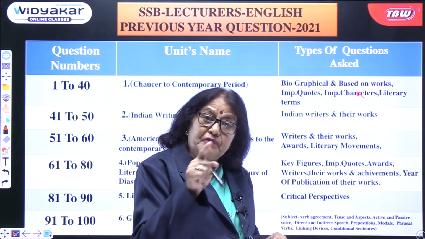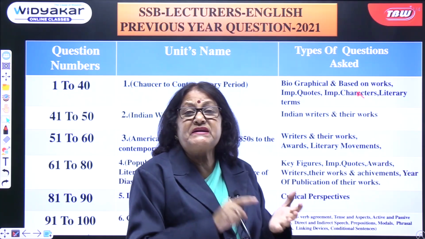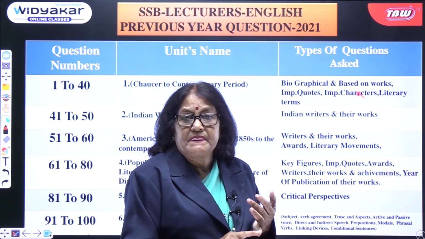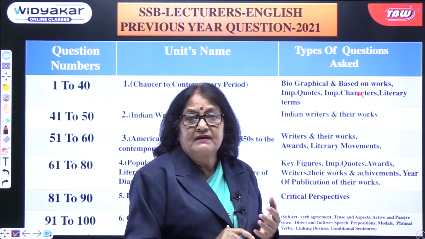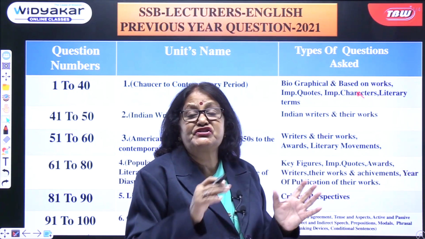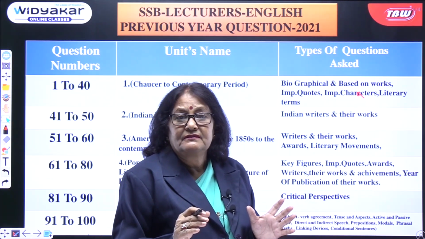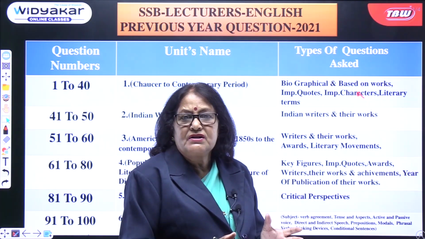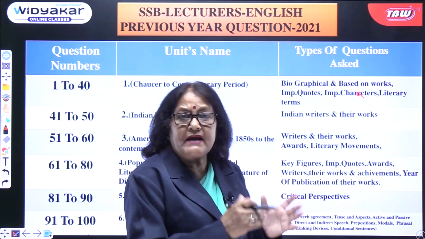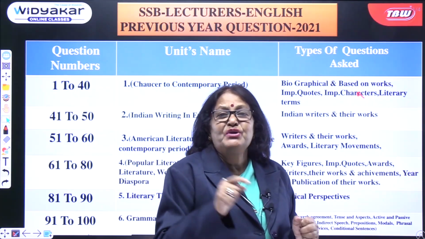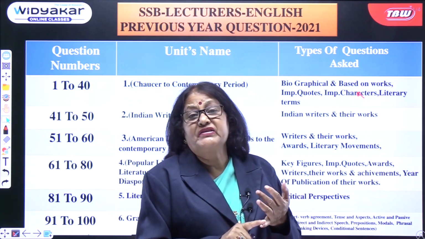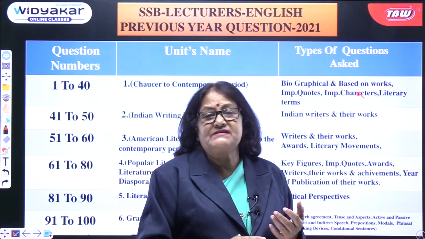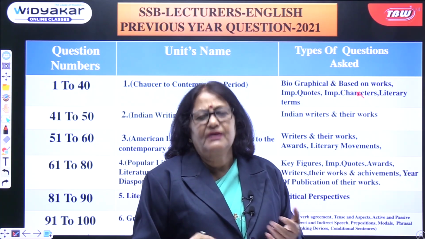Next, for which work a particular writer shot into prominence. For example, R.K. Narayan shot into prominence with The English Teacher and The Guide. It was adapted into a film and he won the award. For Indian writers you have to find out the Sahitya Akademi Awards, and separately the Booker Prize, Man Booker Prize, and Nobel Prize.